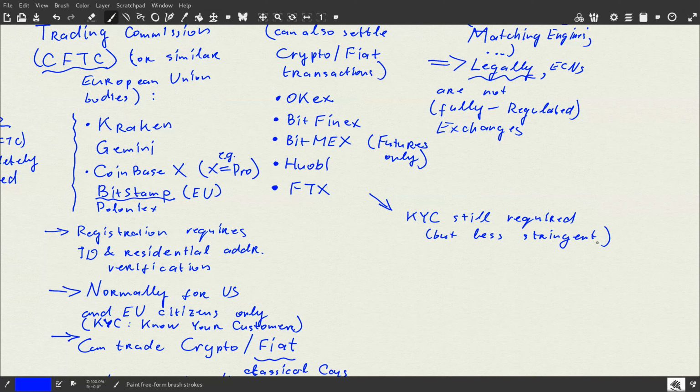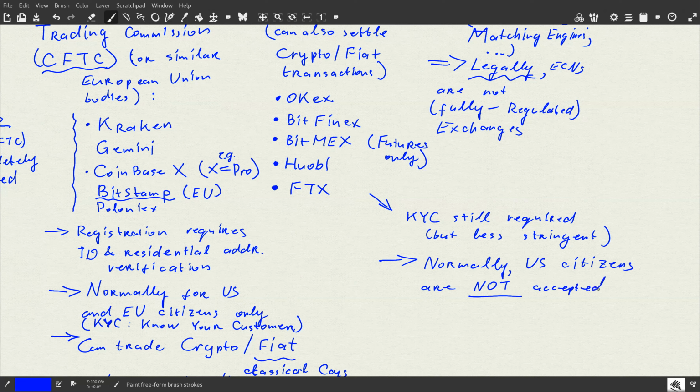Still, your passport is required. Very funny is that if those regulated exchanges on the left are normally for US and European Union citizens, then here the situation is the other way around. Normally, US citizens are not accepted.